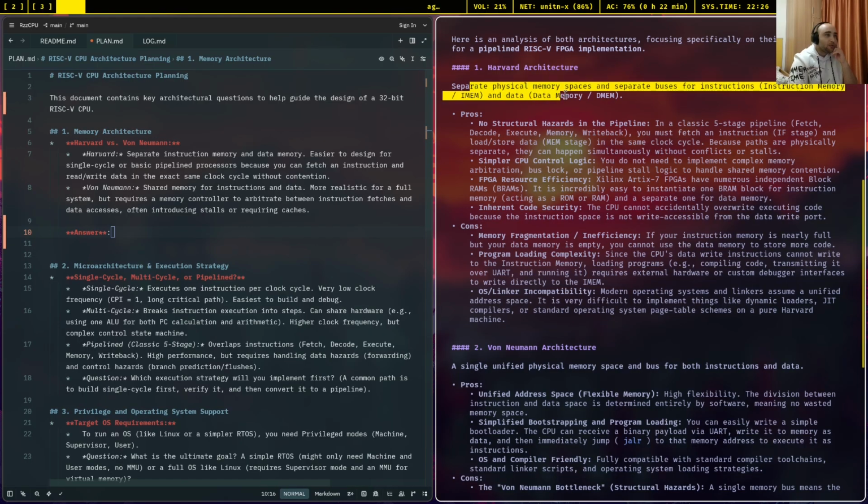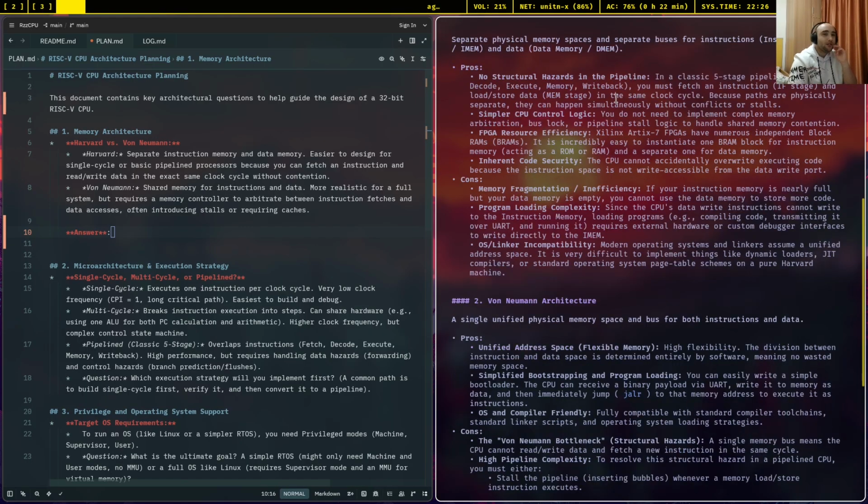Harvard architecture, separate physical memory, yeah, we understood that. Pros: no structural hazards in the pipeline. In a classic five-stage pipeline, you must fetch an instruction and load or store data in the same clock cycle. Because paths are physically separate, they can happen simultaneously without conflicts or stalls.